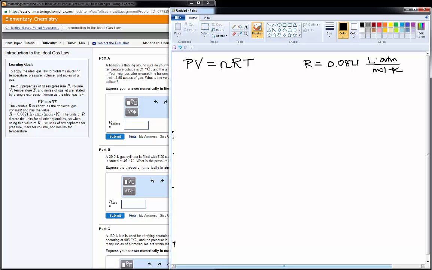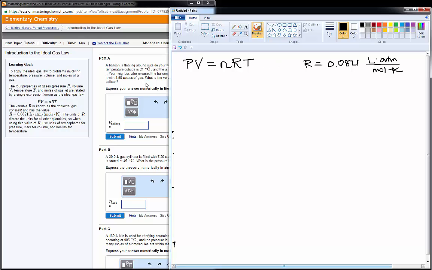And one important thing to note is that in order to make this work, since R has these units, then our P, V, n, and T must also reflect those units so they can cancel. So pressure, for the purposes of this equation using this value for R, must always be given in atmospheres. And volume must always be given in liters. And n will be number of moles, and T always has to be Kelvin.